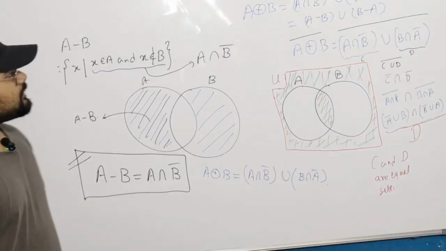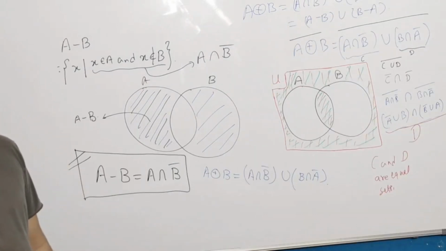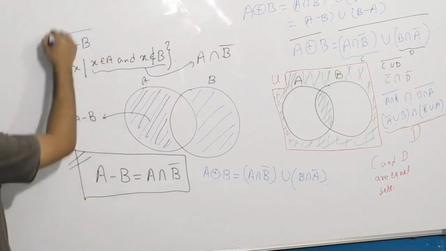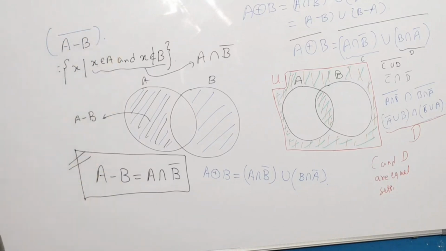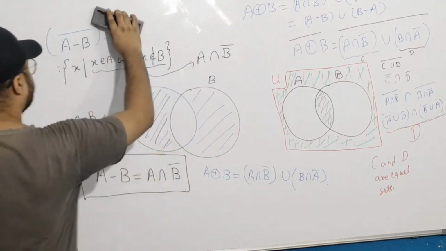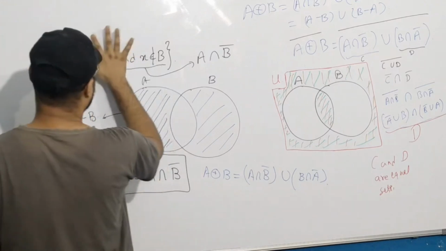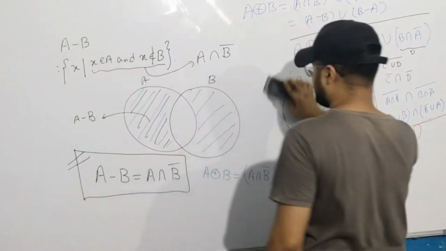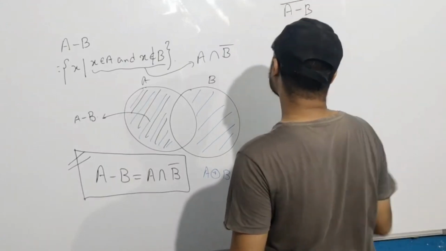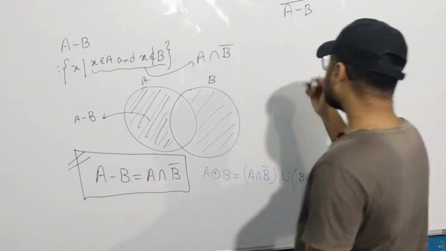Now let's try to find the complement of A set difference B. So I will remove that part now. A minus B complement. What does this mean?